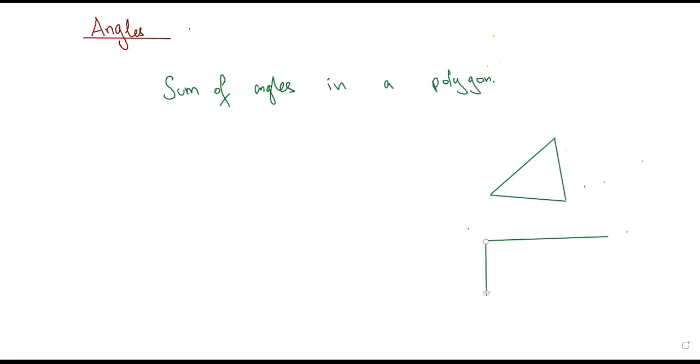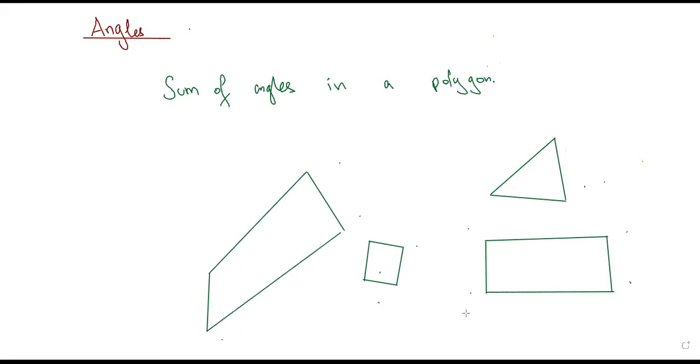It could be a rectangle, a square, or a random four-sided figure. And then we have pentagons, hexagons, octagons, and stuff like that.